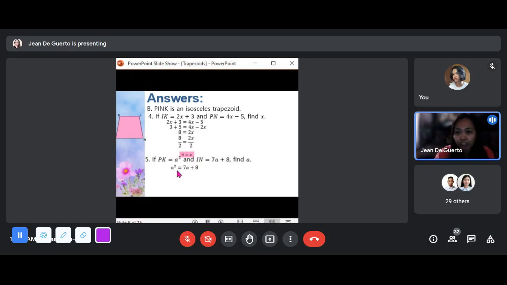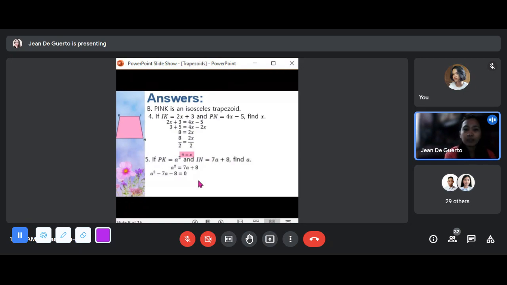You have a quadratic equation. So combine natin. Walang similar terms, but we transform this. I-recall nyo yung lesson natin nung quarter 1. Okay? We are going to write this into standard form to solve for the value of A. So what will be the value of A?